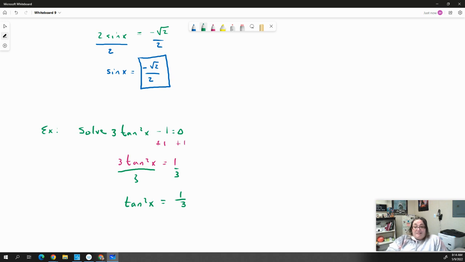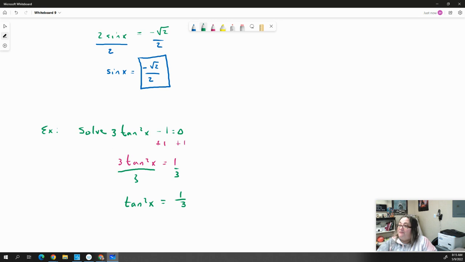And all that looks good, but it's not our solution. Why is it not our solution? Exactly, right? We have a square there. We want to know what tangent of x is, not what tangent squared of x is.